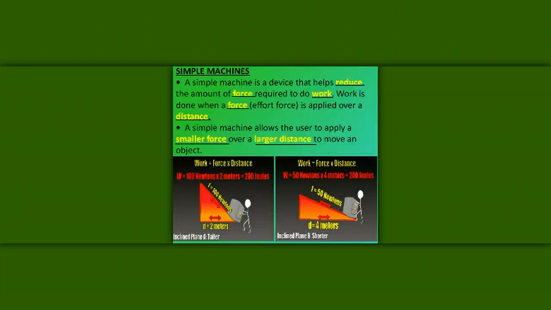The first one that we should focus on is a simple machine. A simple machine is a device that helps reduce the amount of force required to do work. I said reduce force. I did not say it reduces work.